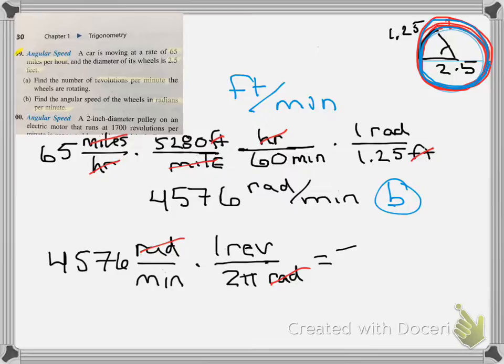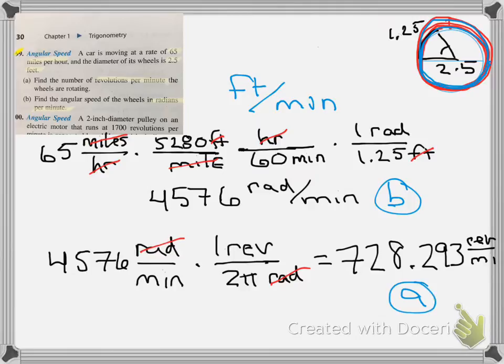But anyway, there we are at 728.293 revolutions per minute. I ran out of space, sorry about that at the end. Hopefully that helps you if you're still struggling with this problem. But anyway, have a great night.